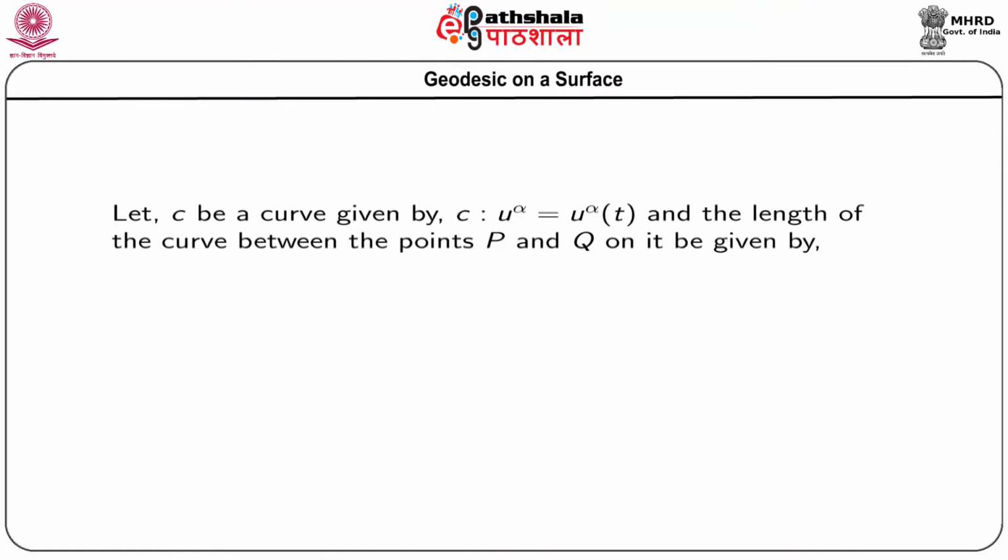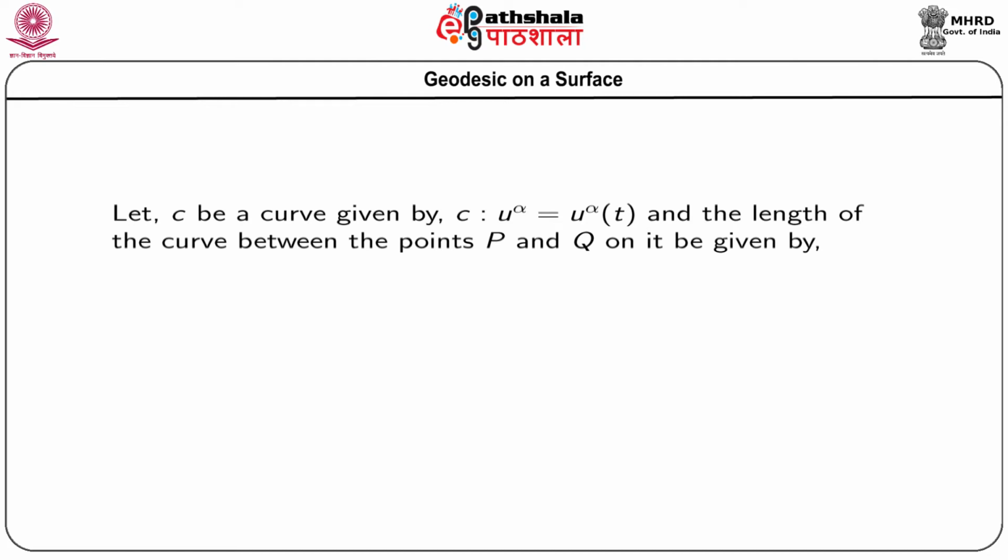Now, in this module, we are trying to find the definition of geodesic on a surface and its differential equation. So, let C be a curve given by C: u alpha equals u alpha of t, where alpha is varying from 1 to 2.